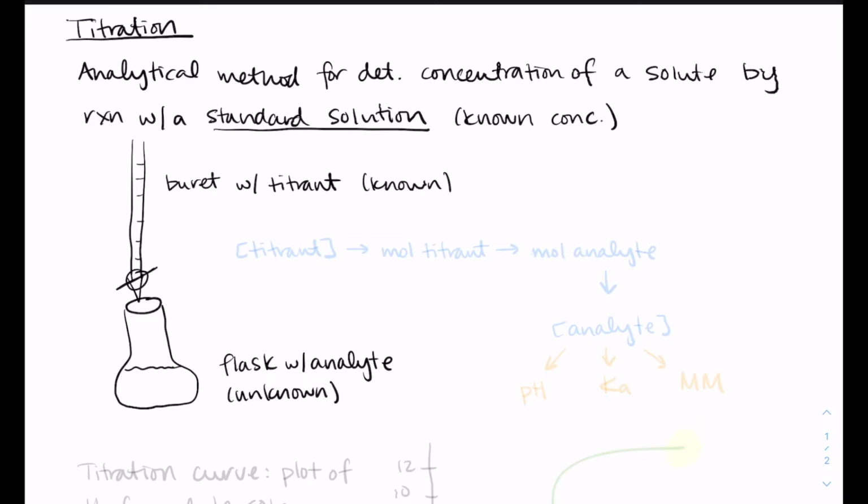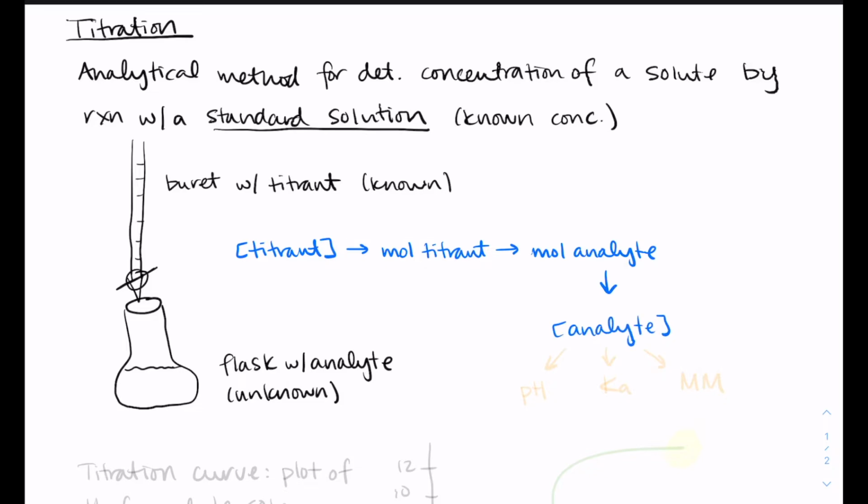So what you would do is add titrant to the analyte flask until you have some signal that you've done everything you need to do. And once you find out how much titrant you need, you can use the concentration of the titrant, so concentration of the stuff in the burette. When you know the volume, well, you have concentration and volume.